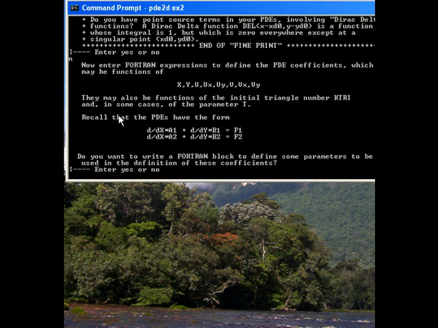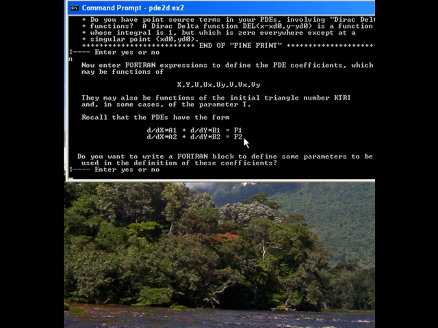Okay, now the boundary conditions. Well, basically it's going to be the derivative with respect to x of sigma xx plus derivative with respect to y of sigma xy equals F1, which is 0. The external forces are 0 and minus 10.